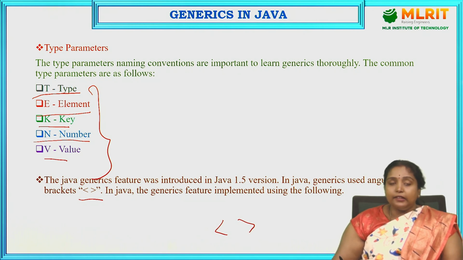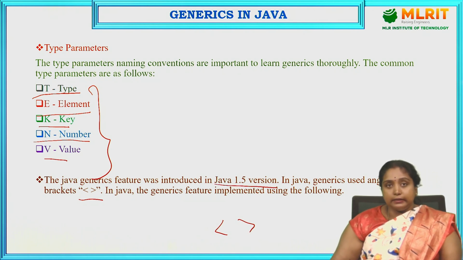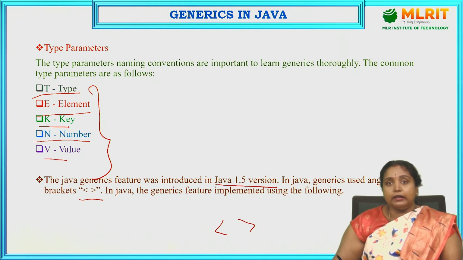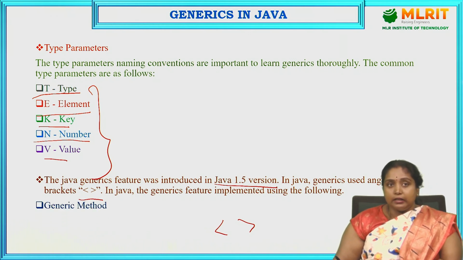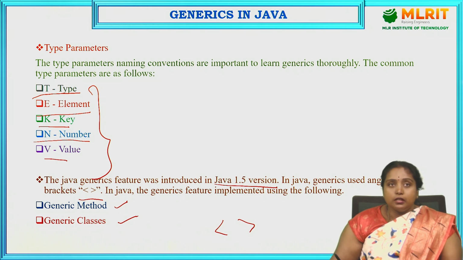This was introduced in the Java 1.5 version, and the feature is implemented using generic methods and generic classes. Using generic methods you can use generics, and using generic classes you can use generics.